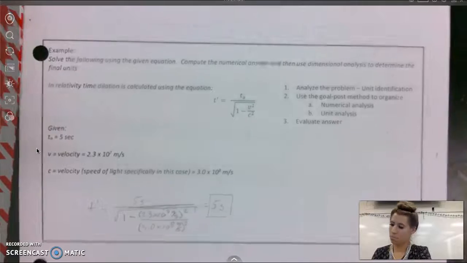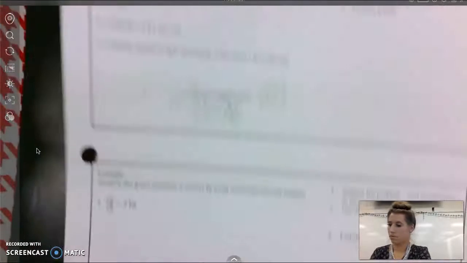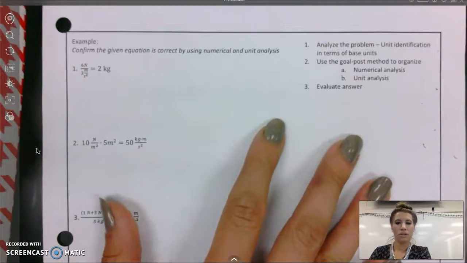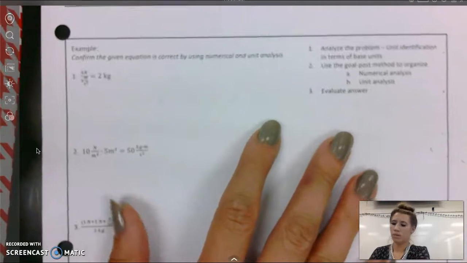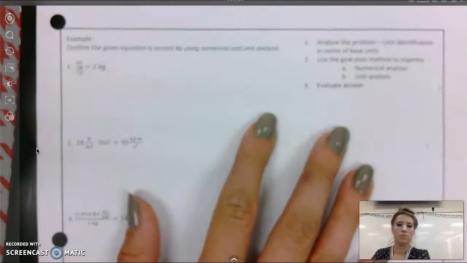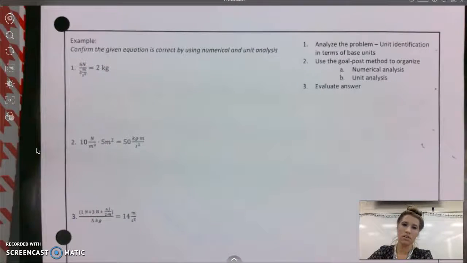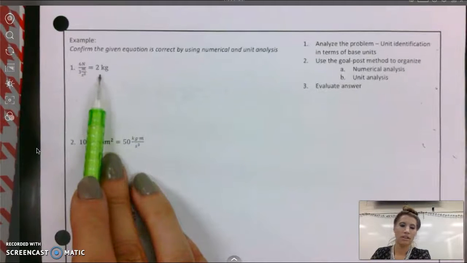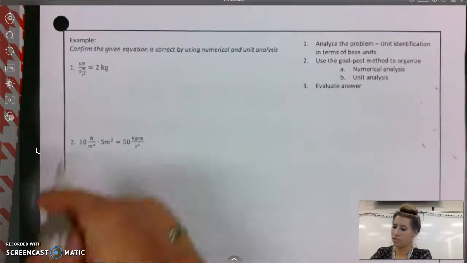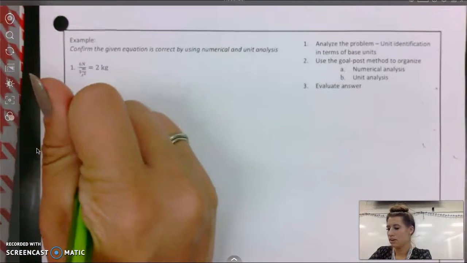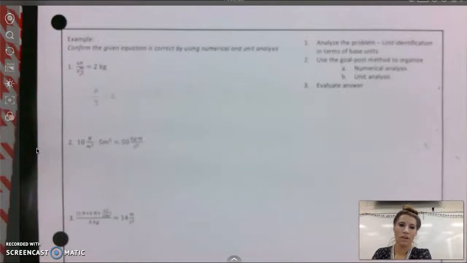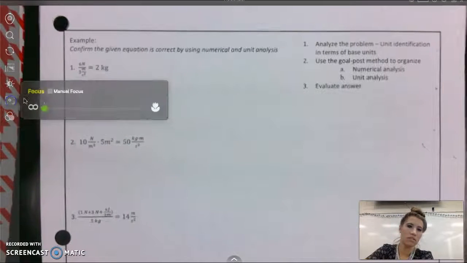All right, now the bottom part of this, what you're doing here is, through a numerical analysis as well as a unit analysis, you're going to prove that this does in fact equal that. So like here on this, we'd say 6 divided by 3 equals 2. Okay, so that part of it is good.